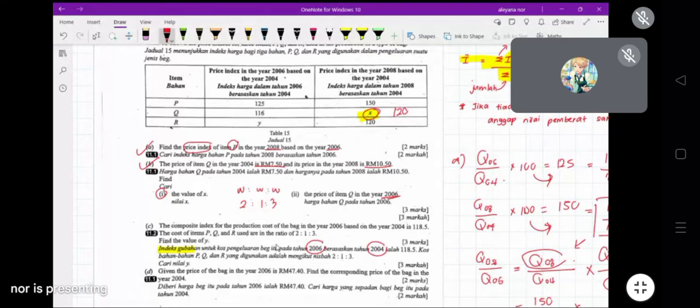Based on the jadwal, we can see that 2006 based on 2004, P is 125, Q is 116, and R we don't know what it is.